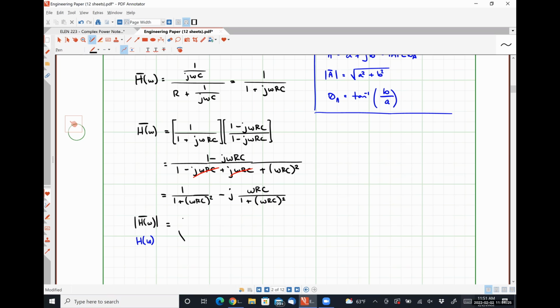This is going to be the square root of 1 over 1 plus omega RC quantity squared, this whole thing squared, plus omega RC over 1 plus omega RC quantity squared, this whole thing squared.